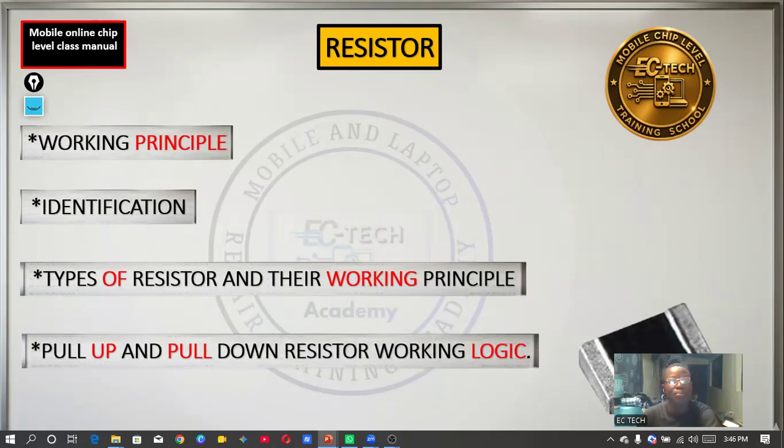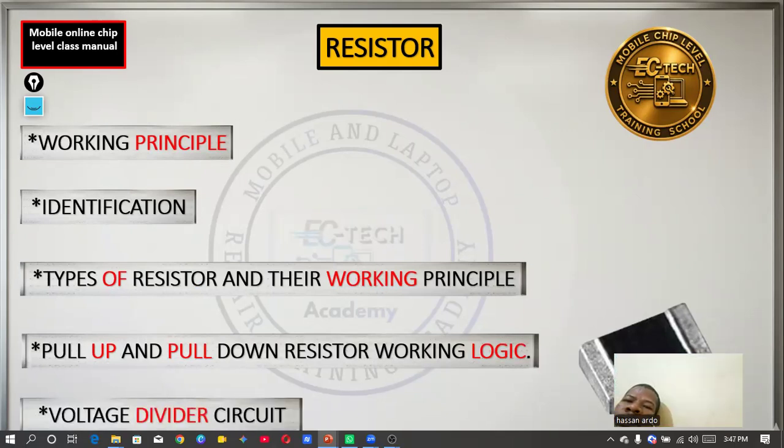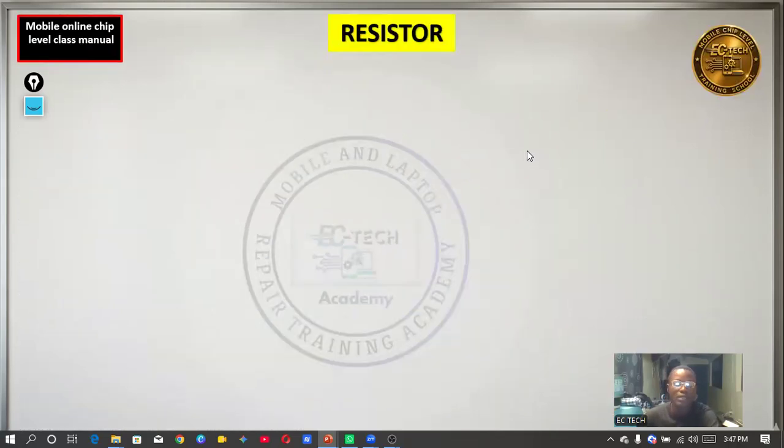So we learn about pull up and pull down resistor working logic, and under it we will learn about voltage divider circuits. All right, so now let's move to the class.